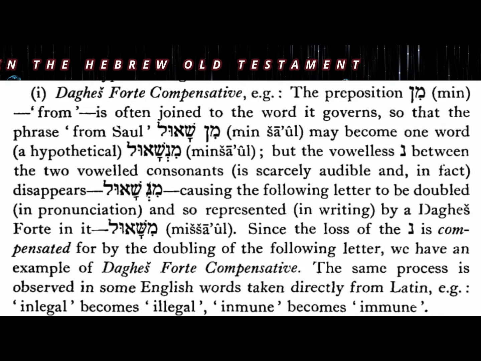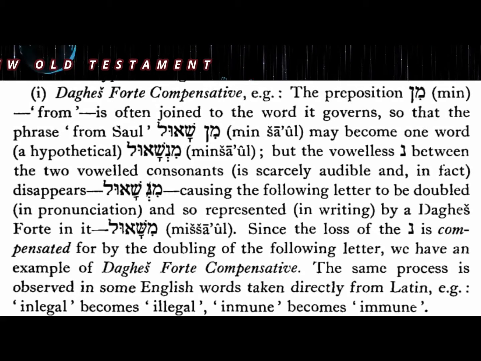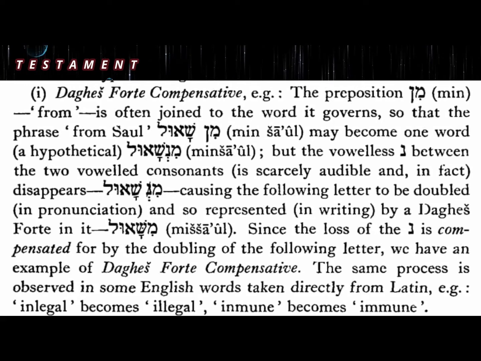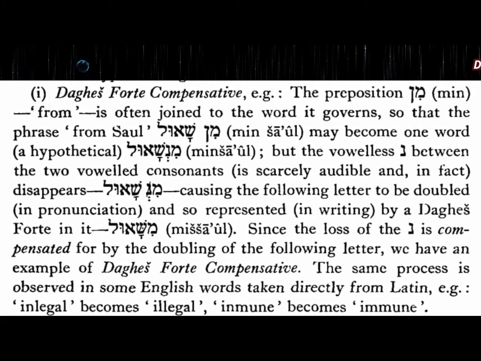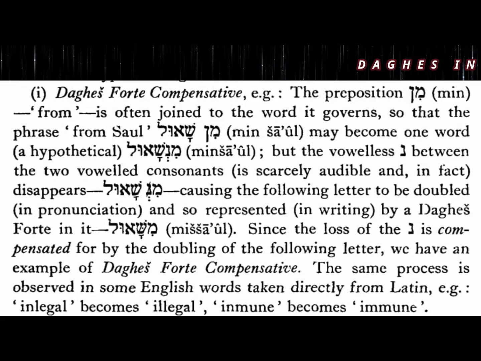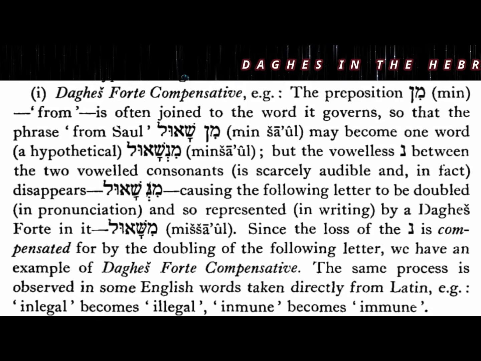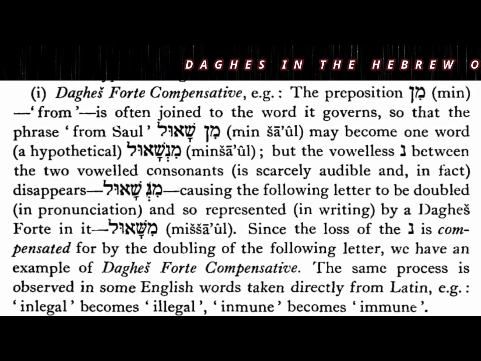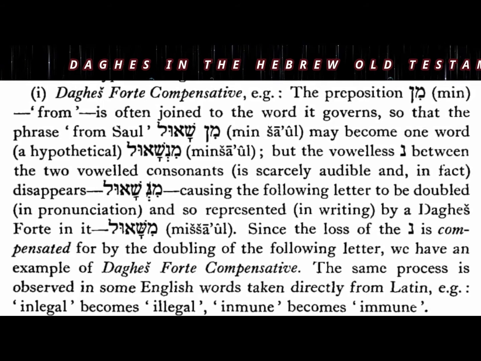For instance, in the English word illegal, you see that what you have done is the Latin word inlegal becomes illegal, I-L-L. You remove the N, but you compensate by doubling the L to mean illegal.